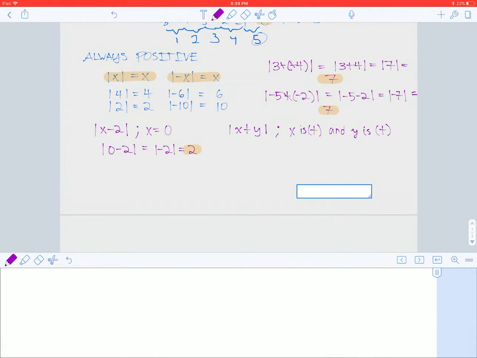So what would the absolute value be then, if both of these variables are positive? Well, since these are unknown values, we can't exactly determine what the absolute value is.